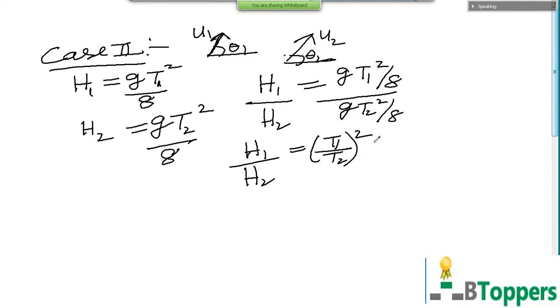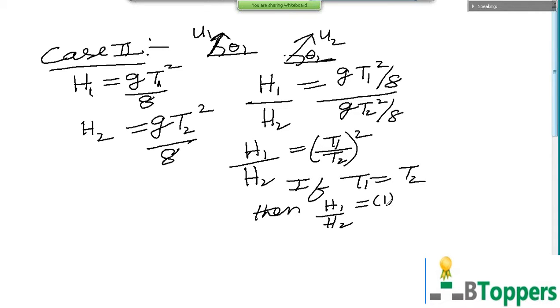Suppose the times of flight of the two projectiles are equal, then T1 by T2 will be equal to 1. Then H1 by H2 will be equal to 1, or H1 equal to H2.